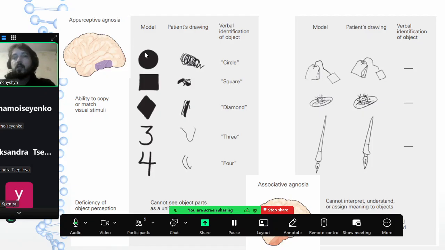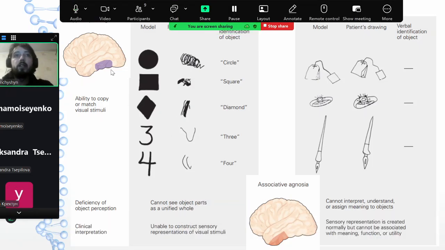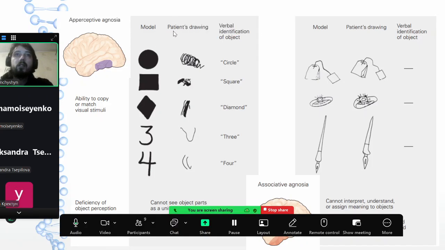Okay, what else do I want to show you? So here we are getting to another interesting part. Here are different parts of the brain that, when damaged, lead to certain maybe unexpected consequences.